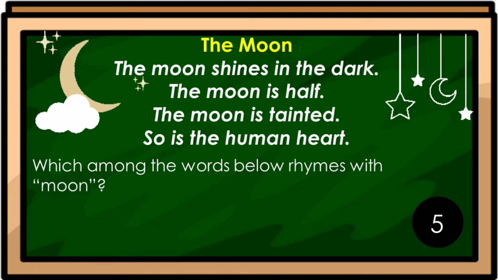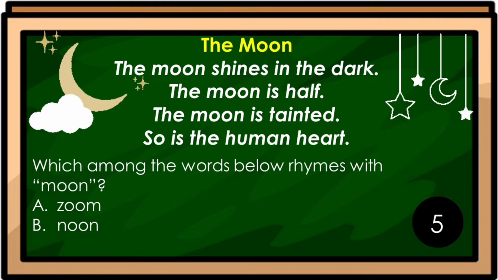Which among the words below rhymes with moon? Okay, so when we say rhymes, these are the words that have the same ending sound. So you have to look for the words that have the same ending sound as the word moon. A. Zoom.